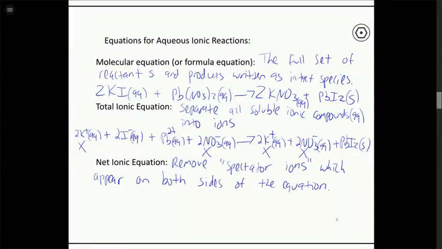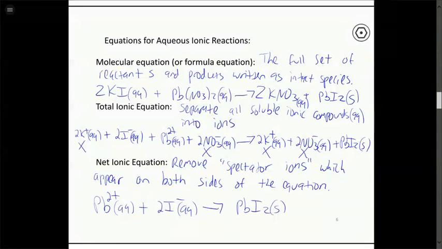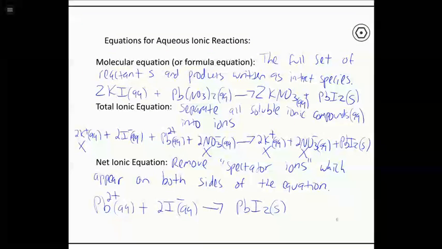And so what we get then is just Pb 2 plus. Conventionally, we write cations first and then anions, so it doesn't really matter. 2I minus. And those combine to form PbI2 as a solid. So when you write the net ionic equation for a precipitation reaction, only the ions that combine to make your precipitate are going to be the ones that you're including in the net ionic equation.